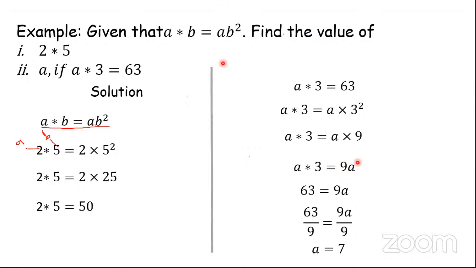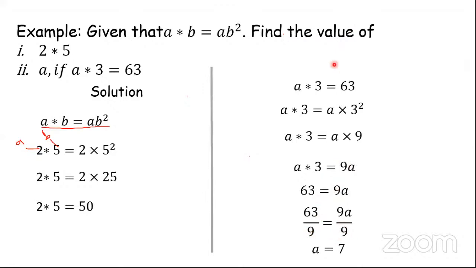And that will give us 9A is equal to A star 3. But we are given that A star 3 is equal to 63. So that means 63 is equal to 9A. And in order to find A, we are going to divide both sides by 9.